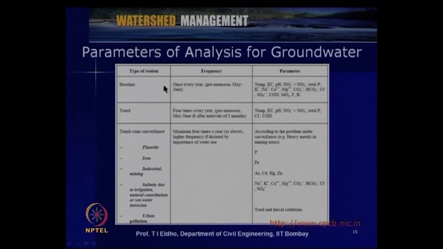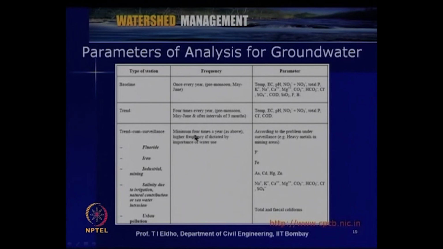For baseline, the frequency can be once every year, pre-monsoon, mainly between May and June, and we can look into parameters like temperature, water conductivity, pH, etc. Then for trend, generally it can be 4 times every year, pre-monsoon, May, June, and after intervals of 3 months. These are some of the important parameters which we will be monitoring.